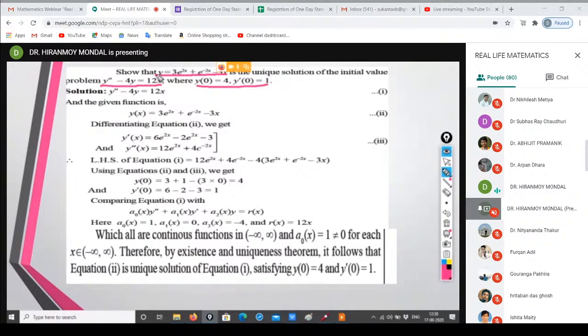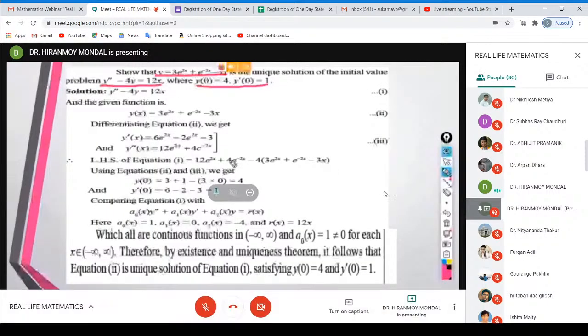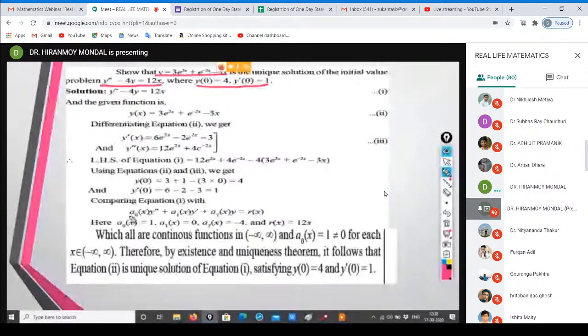Why? Because when we substitute y values in this equation, we see it is satisfied. This is the uniqueness theorem, where a0(x), a1(x) and a2(x) are continuous functions on the open interval minus infinity to plus infinity, and a0(x) equal to 1 is also not equal to 0.